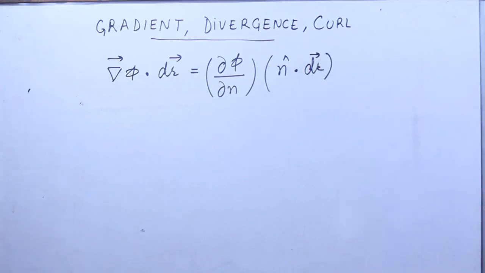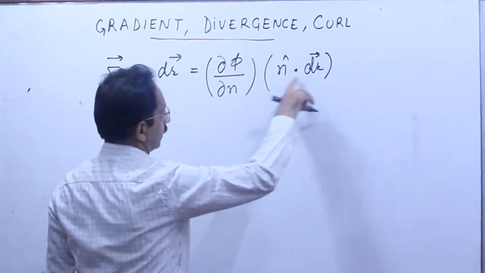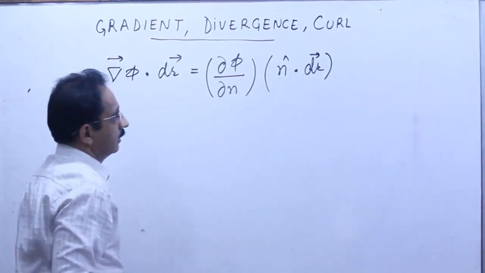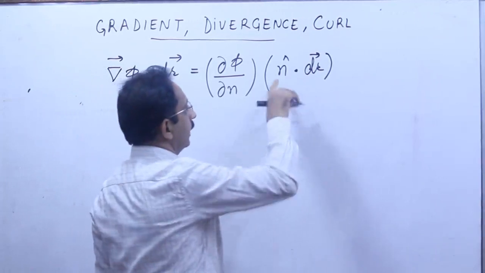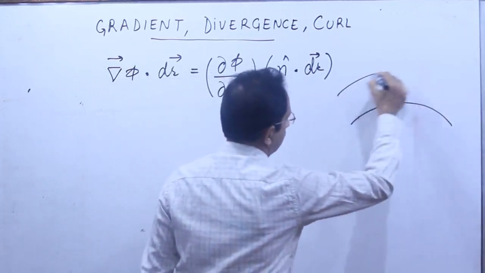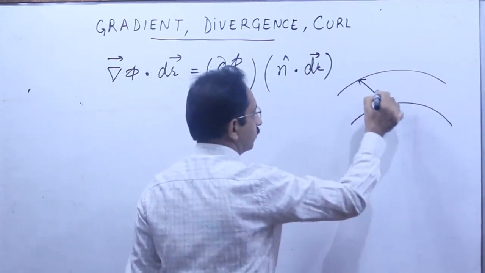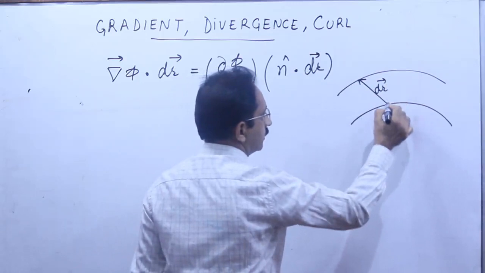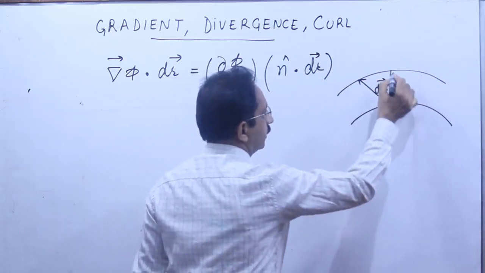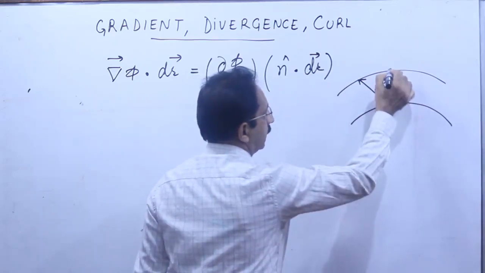So here we can understand that this dot product is simply the component of dr in the direction of dn. So if we go from level surface A to B, this would be dr as you have already seen. This is dn. This is n cap.